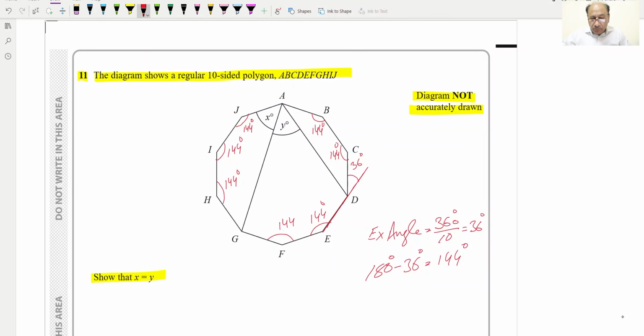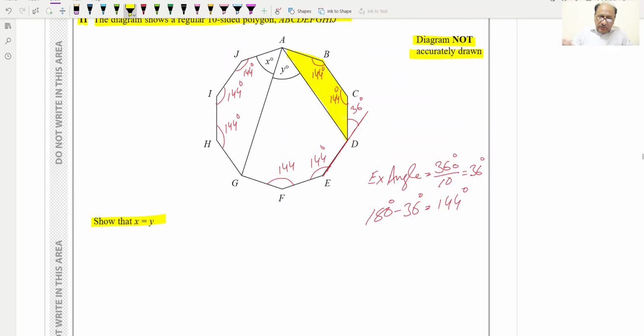Okay, done. Now first of all, we can consider this shape, which has four sides. In this shape ABCD, the angles should add up to 360 degrees, in a quadrilateral.